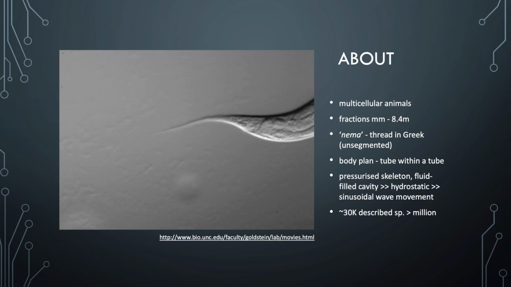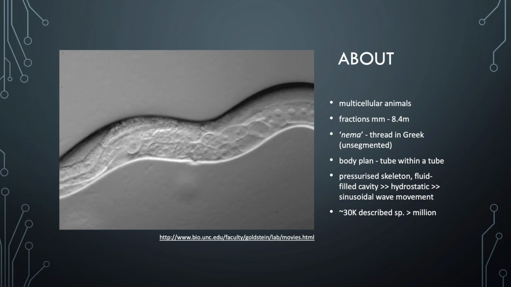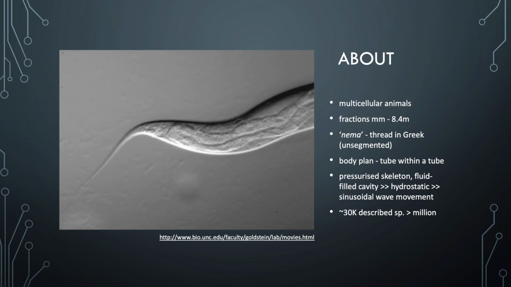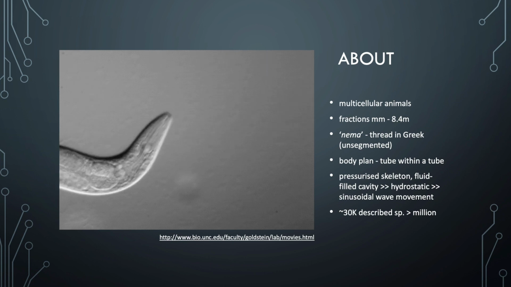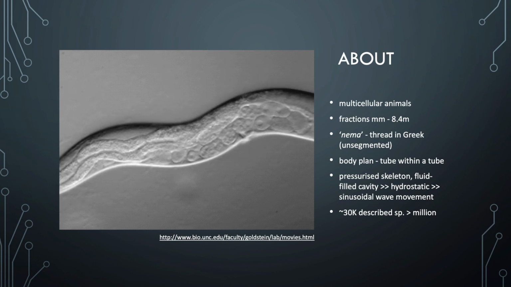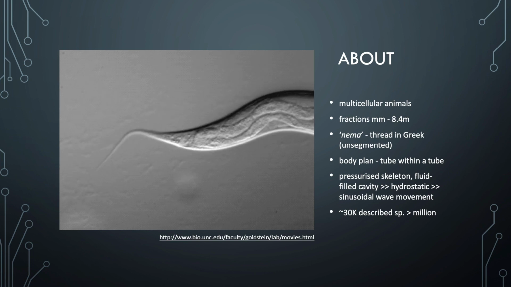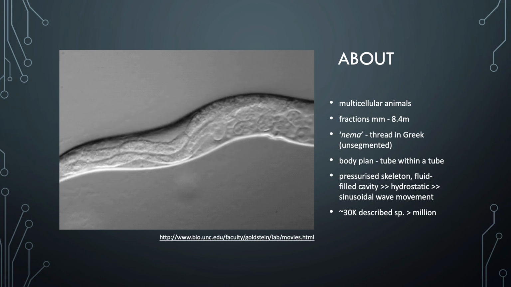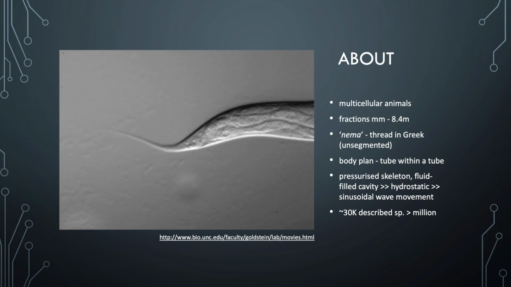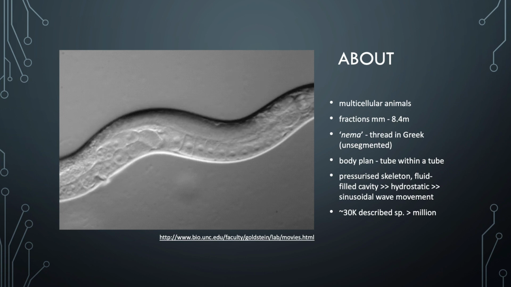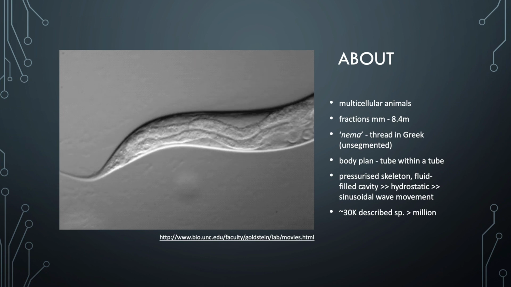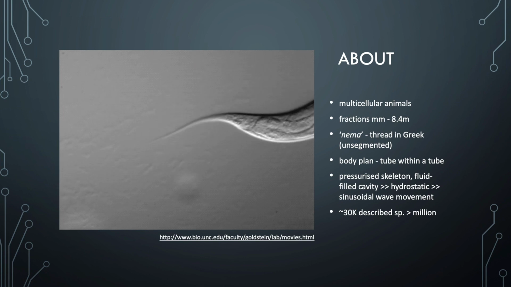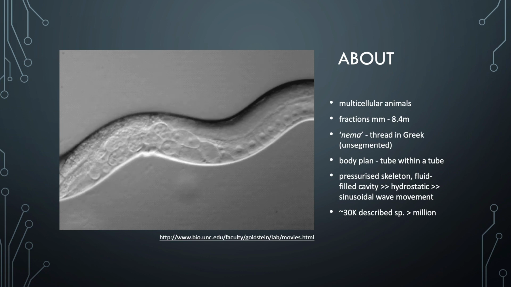So oligochaetes, which are worms like earthworms, are actually segmented, whereas these guys don't have segments. Their body plan includes a tube within a tube. Basically, they have a cuticle on the outside, which is the outer body wall of the nematode. And then there is a fluid-filled cavity, and then the digestive tube.